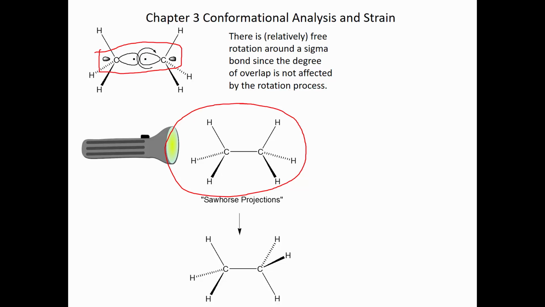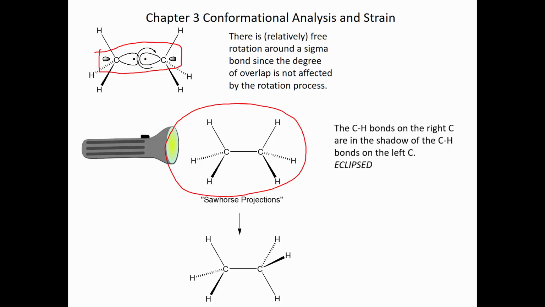In astronomy, we call that an eclipse, and in organic chemistry, we also call it an eclipse. This is what we're going to refer to as the eclipsed form of ethane. Every CH bond on one carbon is totally overlapping with the CH bond on the carbon adjacent to it.